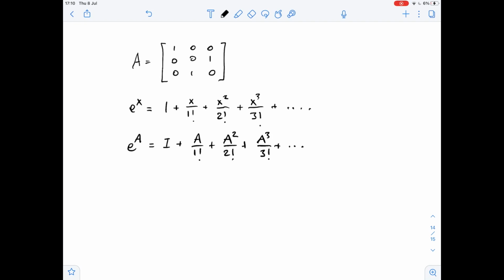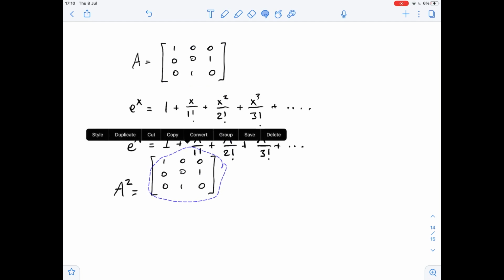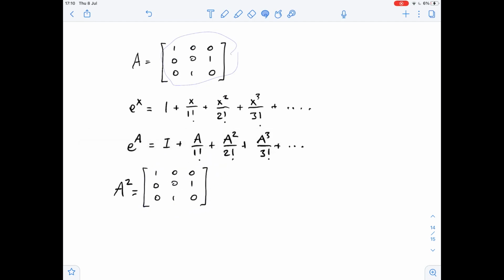So here matrix A is given. Let's try to find A squared. So A squared equals matrix A multiplied by matrix A. So it equals, let's see, 1 times 1 plus 0 times 0 plus 0 times 0, so the first entry is 1. Then 1 times 0 plus 0 times 0 plus 0 times 1, so it's 0. Then 1 times 0 plus 0 times 1 plus 0 times 0 is also 0.